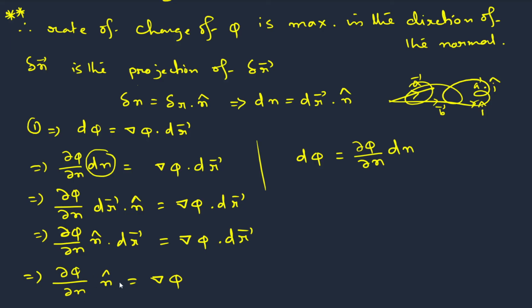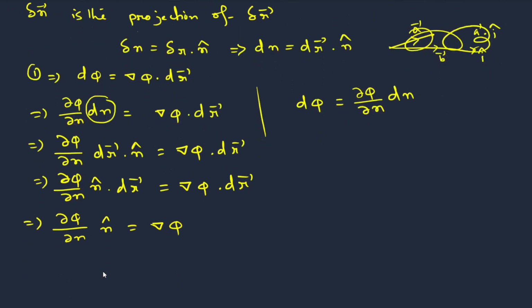Since n cap is there, this is a vector quantity. If we simply write del phi by del n, gradient is the rate of change of phi with respect to n. But since gradient is a vector quantity, we have to give the direction. Along the normal, the unit vector is n cap.